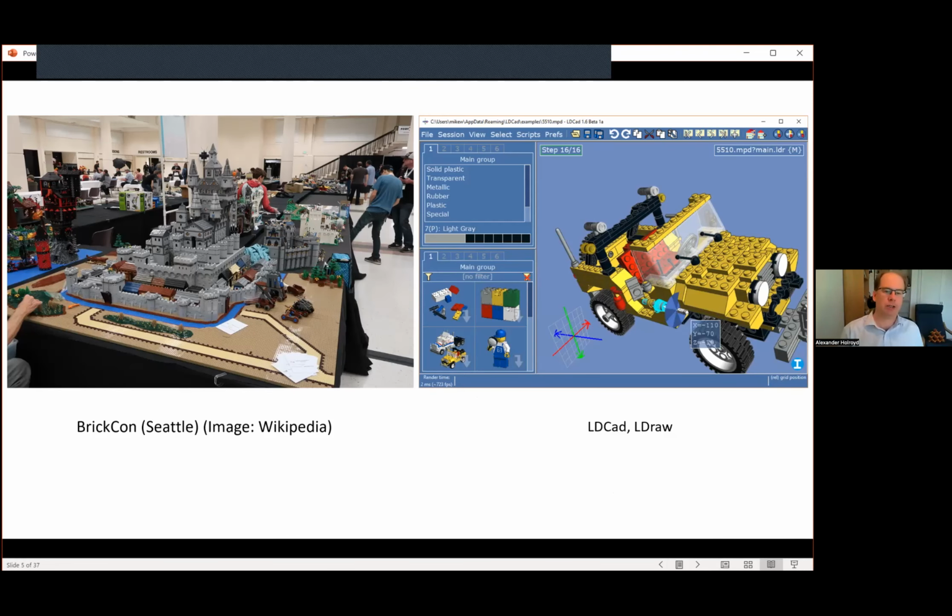One of the things that makes this such a fun medium to work with is that, although it's absolutely designed and sold as a children's toy, there's a very significant adult Lego fan community. For instance, we have big shows where people show off their creations. This is an image from VidCon in Seattle, a very big show.